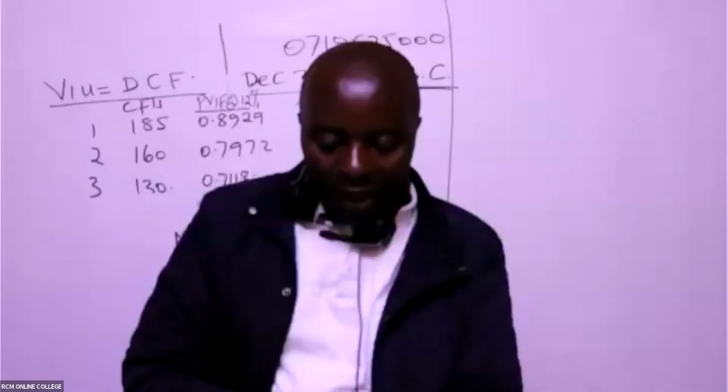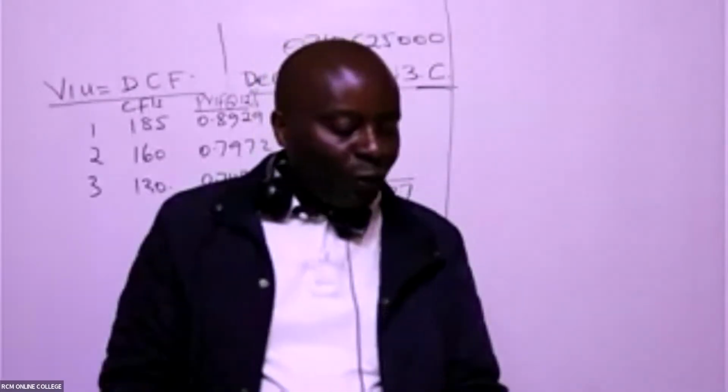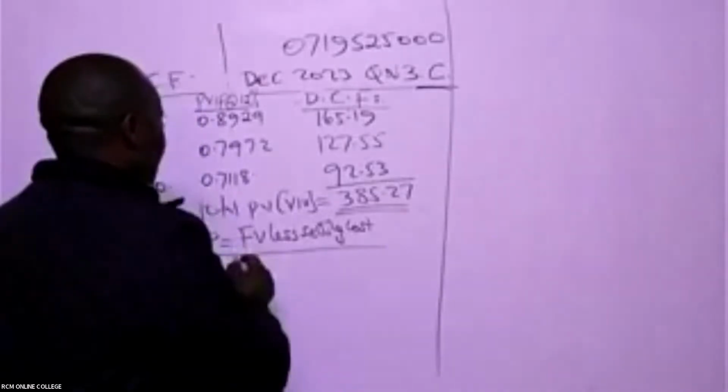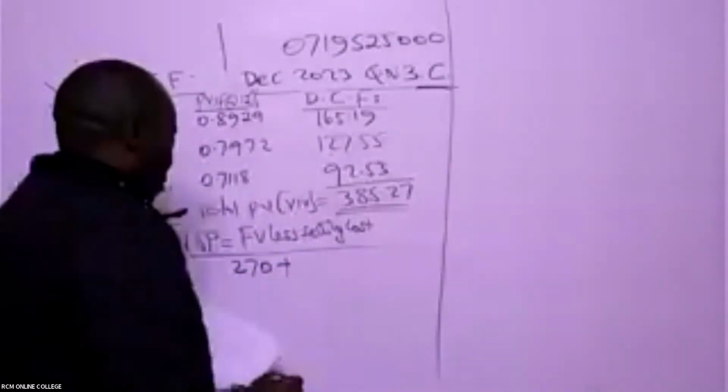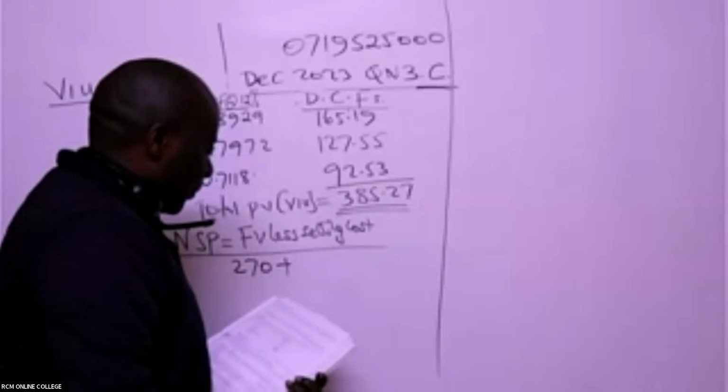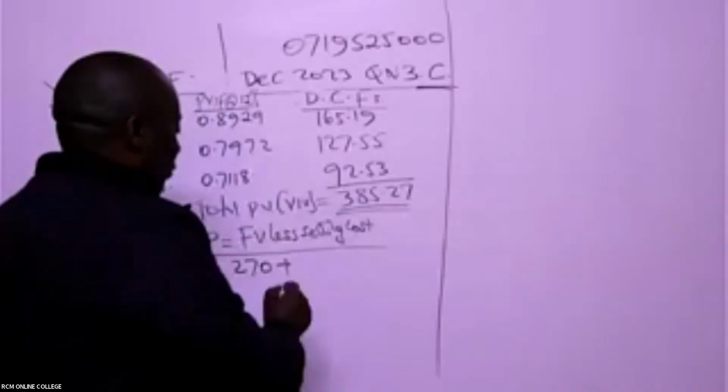Land and buildings will be sold for 270, and then we have machinery going for 50.